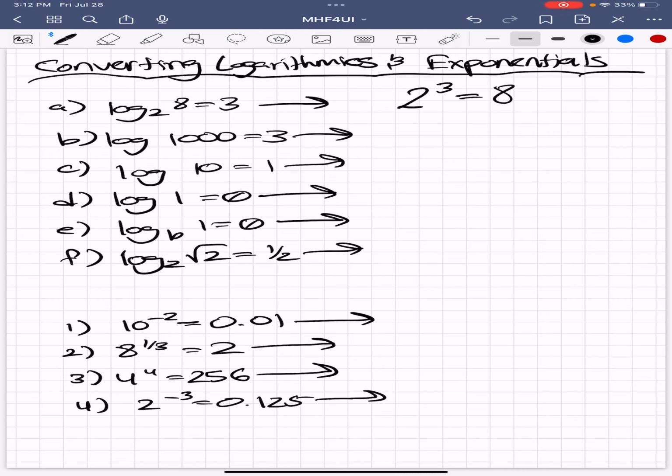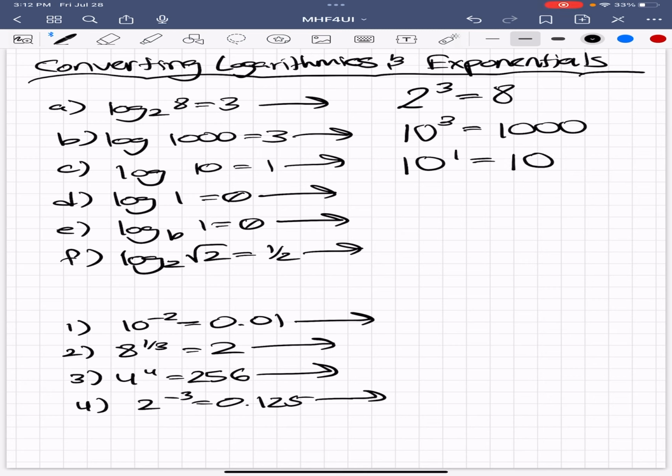As you can see with question B, we don't have a base, so we're going to assume the base is 10. We have an exponent of 3, and to get the answer, we just need 3 zeros. Again, we don't have a base, but we do have an exponent of 1, and our answer is 10.